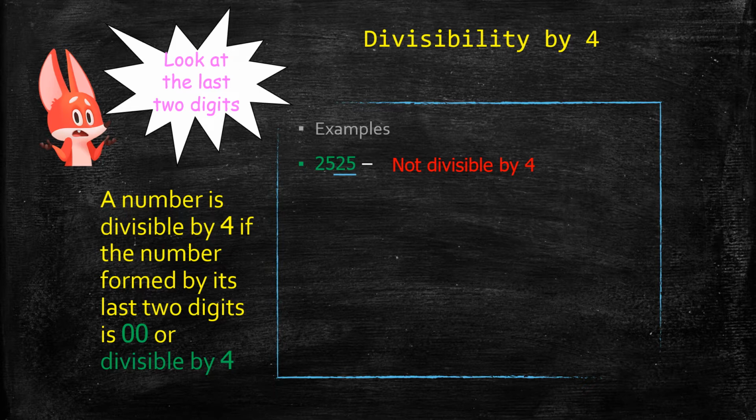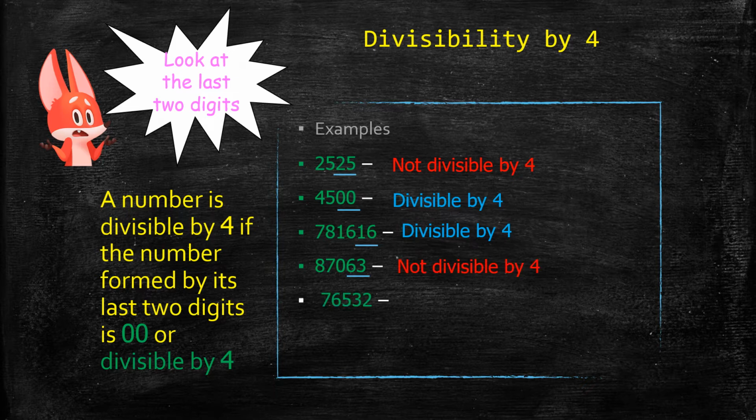Let's see some more examples. Why is this number divisible by 4? Because the last two digits are 00. What about this? 16. Yes, divisible by 4. 63.